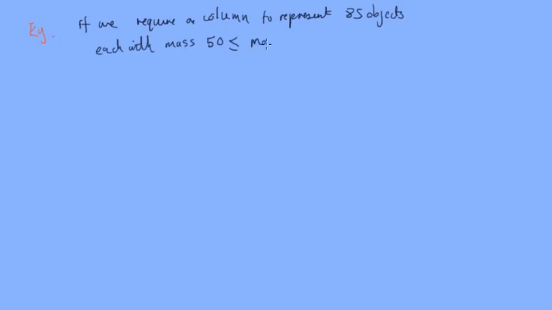If we require a column to represent 85 objects, and the mass is going to be 50 less than or equal to whatever the mass is, less than 60 kilograms, then the appropriate standard interval is 1 kilogram.